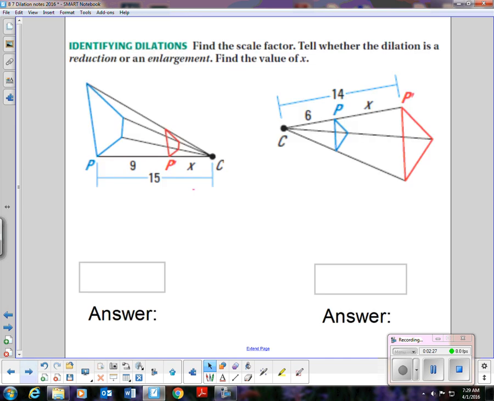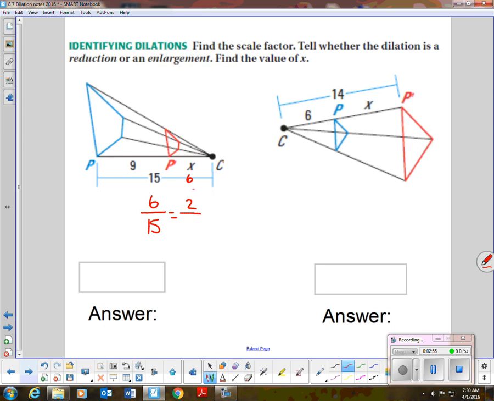Okay, so if we're looking here and it says, determine the scale factor for the dilation, we want to see what the factor would be because it's not told to us. We know that if this is 15, this would be 6 right there. And so the distance from C to P prime is the first number, so from the center to the image, so that would be 6, over the center all the way to the pre-image, which would have been 15. And so when I reduce this, I get 2 over 5.